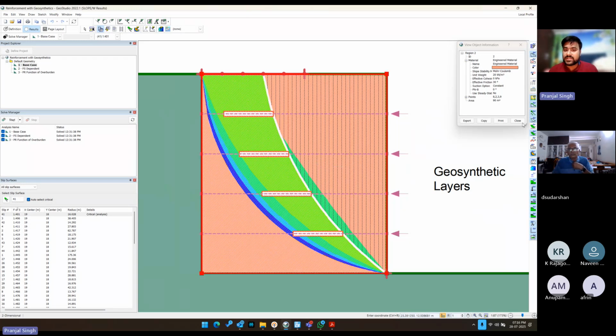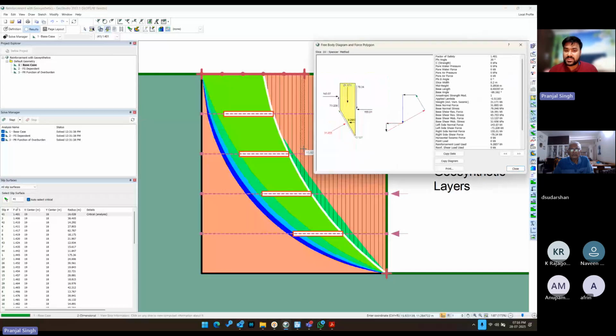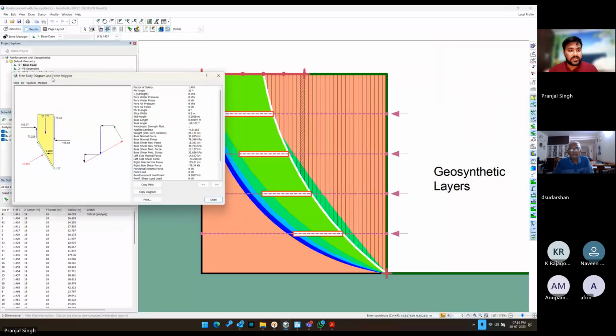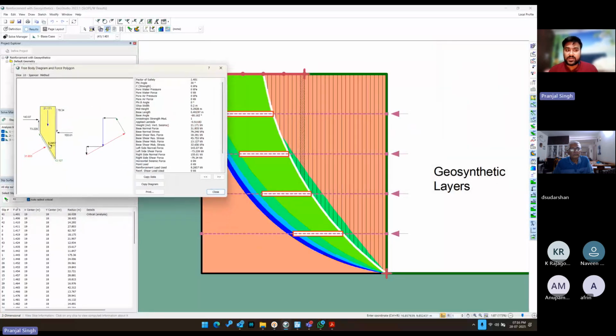If I look at this slice, for instance, these are the force diagrams. Now, if you closely look, there is a horizontal force of 9.28 kilonewtons acting on this slice. Rest all forces are the normal force and the shear force. This 21.171 in downward direction is the weight of the slice.